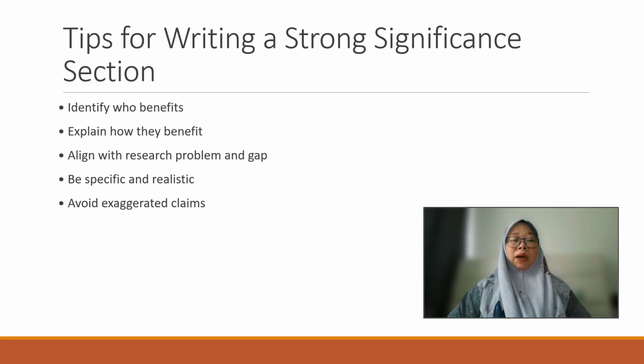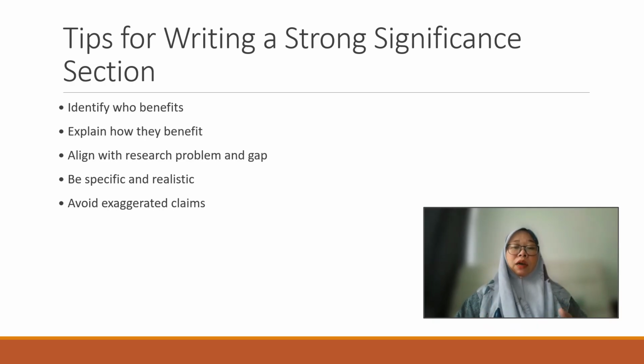Begin by identifying who stands to benefit from your study: the researcher, the industry, the practitioners, the consumers, policymakers, or specific communities. Then explain exactly how your findings will benefit them. Ensure your significance aligns with the research problem and the research gap.